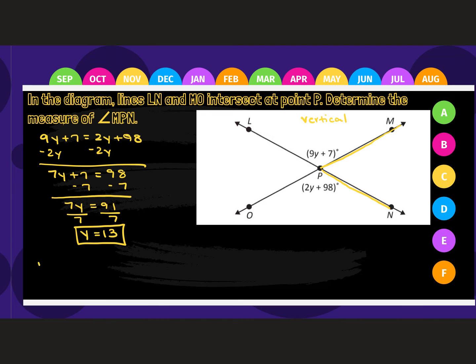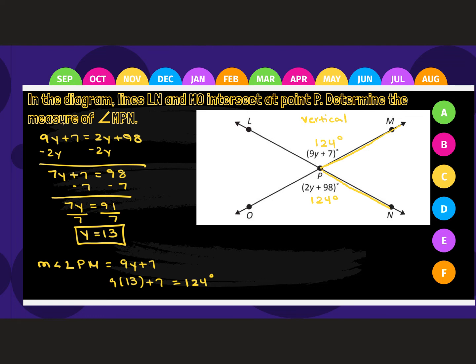To determine the measure of, let's say, angle LPM, that means we have 9y plus 7. We're going to plug in 13 for y, and we get that the measure of that angle is 124 degrees. So if this measure is 124 degrees, this measure is also.